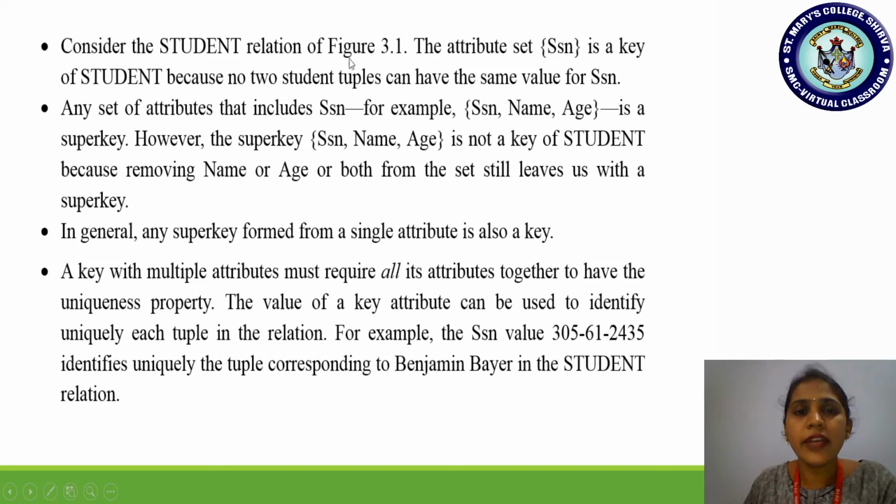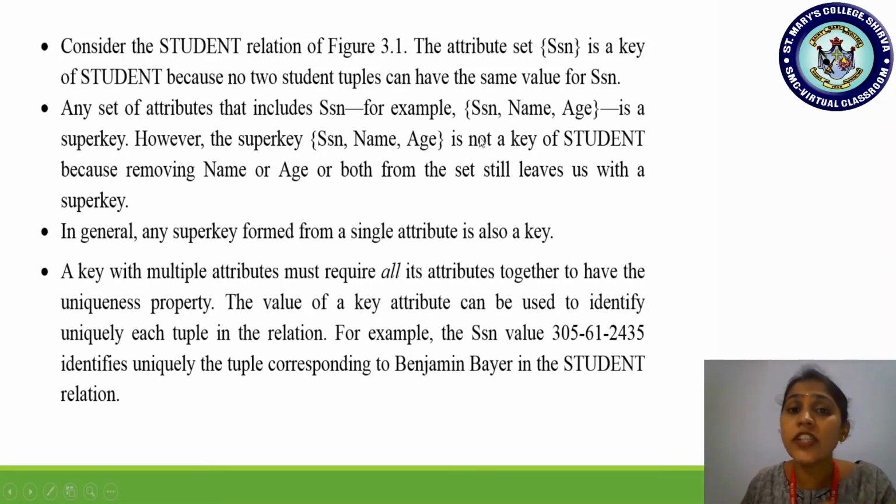Consider the student relation of figure 3.1. We know the attribute set SSN is a key of student because no two student tuples can have the same value for SSN. So we understood this. Any set of attributes that includes SSN, for example SSN, comma name, comma age.